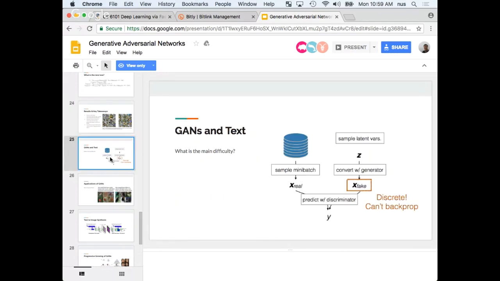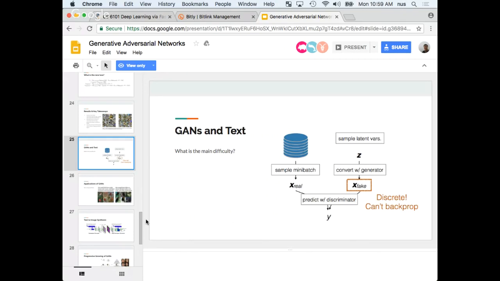So we've seen a few examples of GANs and images. GANs and text also have a main difficulty: pixel values are continuous, whereas your bag of words is not. You have discrete values, and you can't really backpropagate through that, since the discreteness is a big factor.